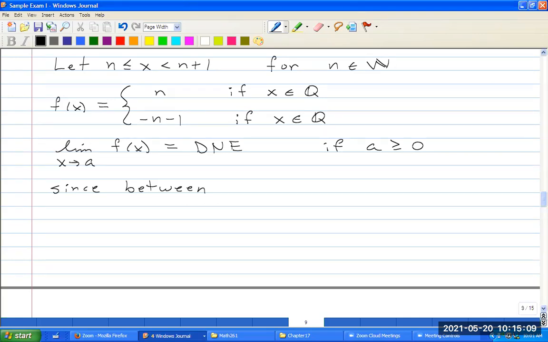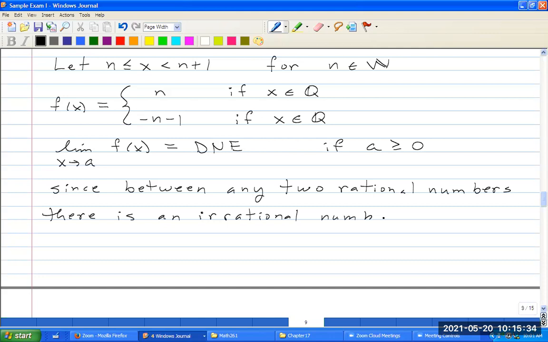Because between any two rational numbers, there is an irrational number. And so if you're trying to approach some rational number, it's going to oscillate back and forth.